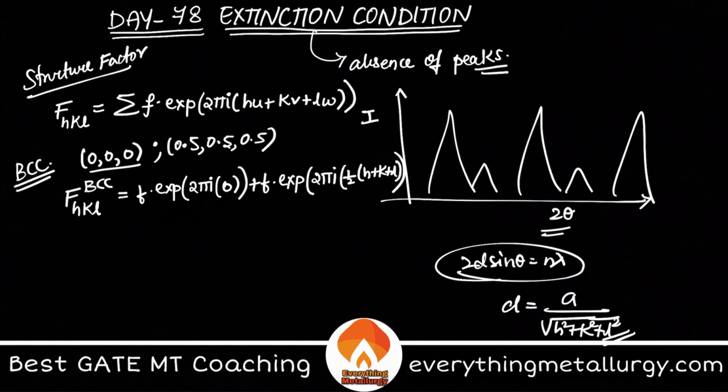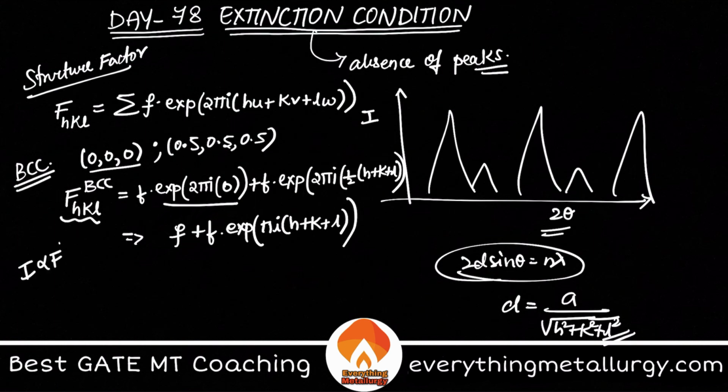If you carefully see, e power 0 is 1, so this is f plus f into exp of pi i into (h plus k plus l), as the half gets cancelled. This f helps determine intensity, because I is directly proportional to f square. f is the structure factor and I is the intensity of the peak. By changing hkl you get different f values and of course different intensity values.